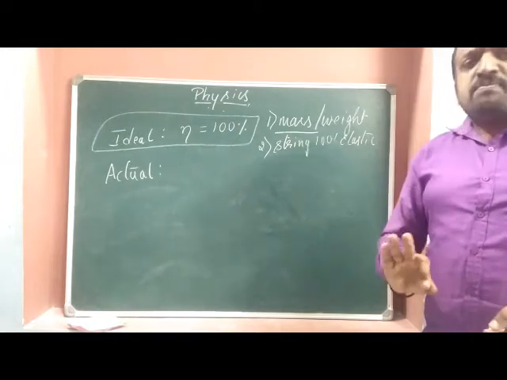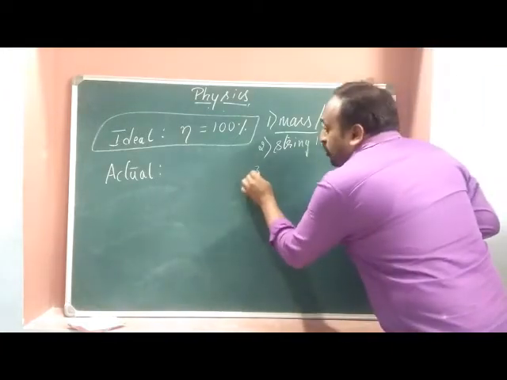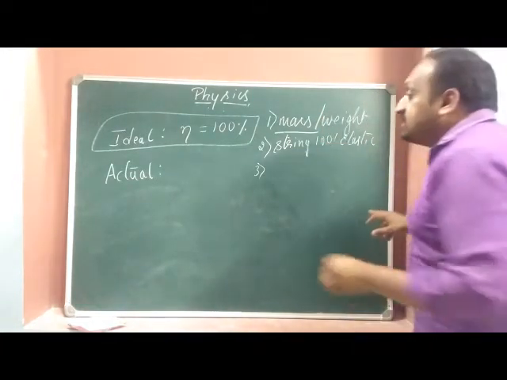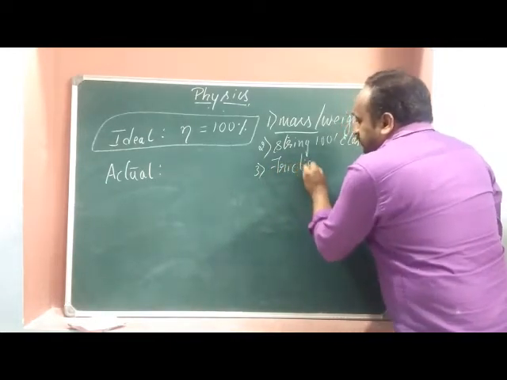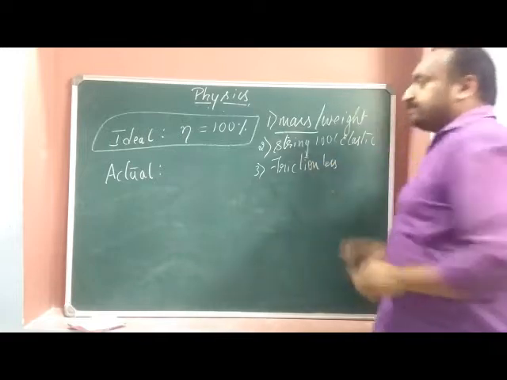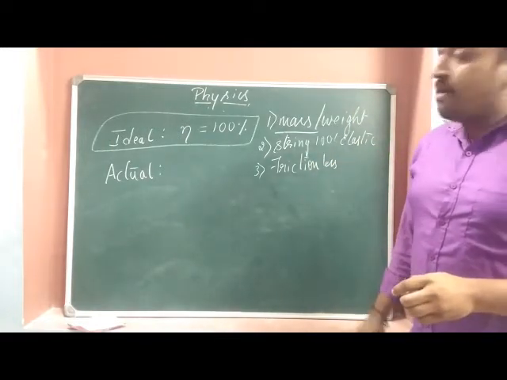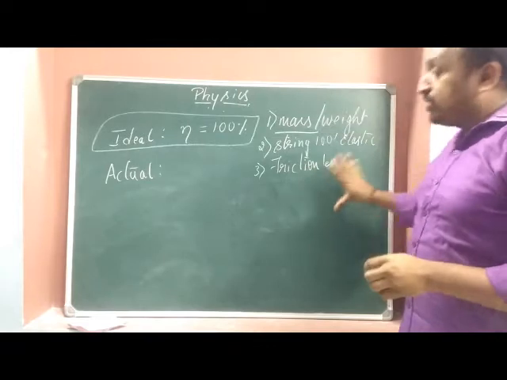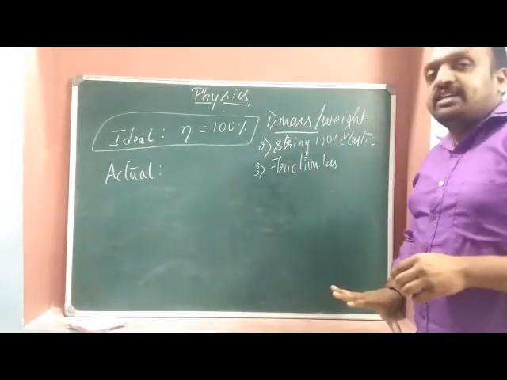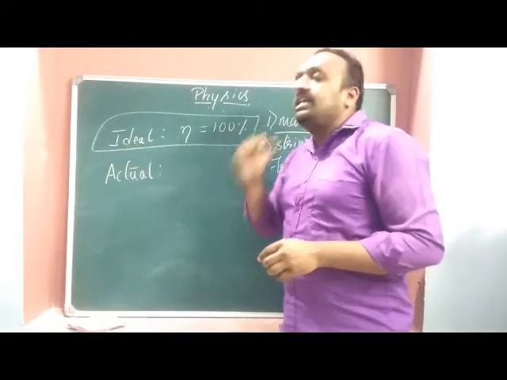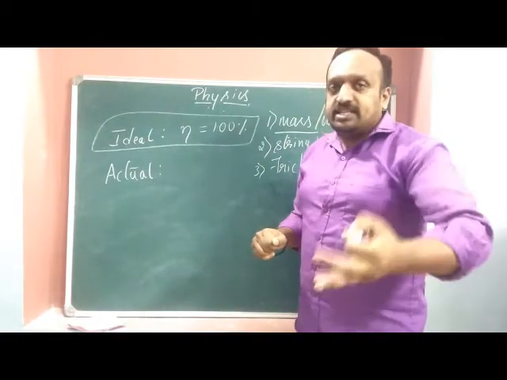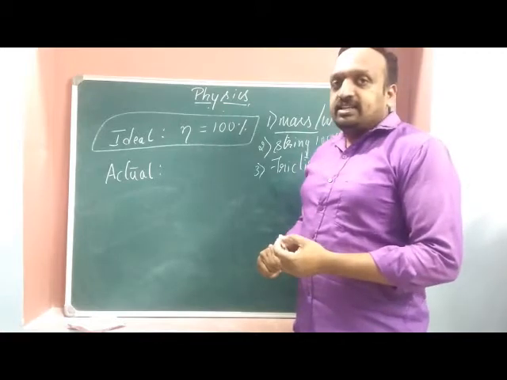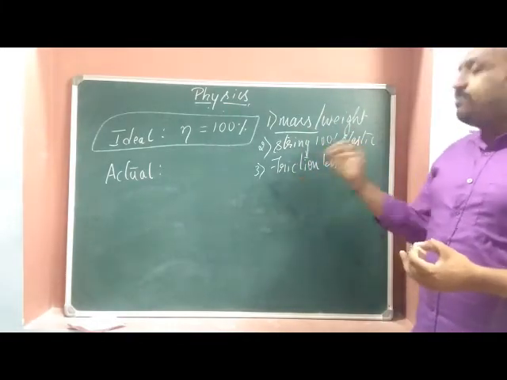And most important, we thought that the machine is frictionless. By considering these concepts, we said that the ideal machine is 100% efficient. But in practice or in reality, that is not possible.